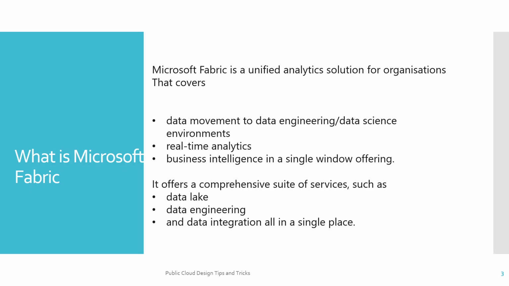Microsoft Fabric offers a comprehensive suite of services such as data lake, data engineering, and data integrations all in a single window. So that is a very high level definition of Microsoft Fabric.